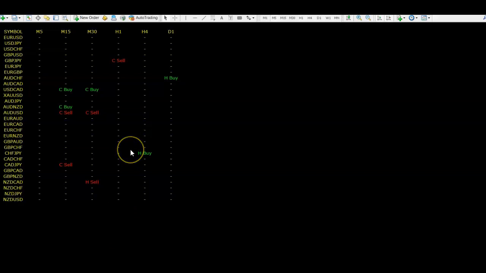Okay, so before we actually get into the video, what I'm going to do in this video is basically show you how these indicators work, how you can use them, and then I'll also share with you how you can access these two powerful indicators towards the end of the video. Okay, so the first one is the MACD Divergence dashboard.